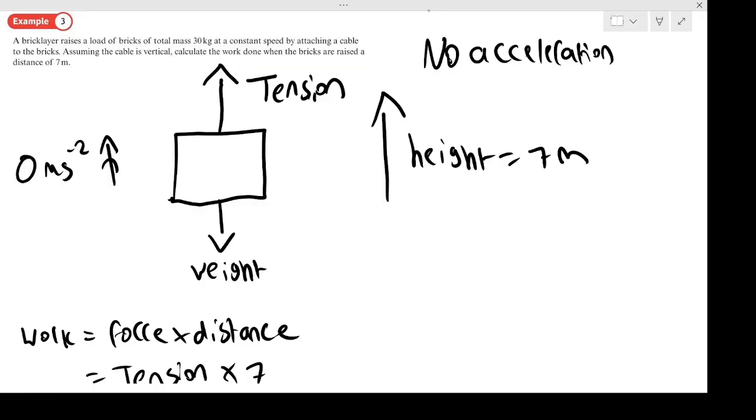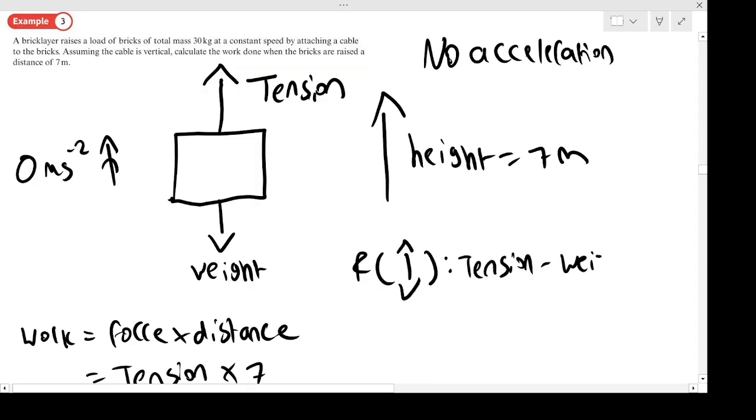Now again, I can look up and down. So if I resolve up and down here, my tension, take away my weight, is going to equal mass, which is 30 kilograms, times 0 for acceleration. So actually it just equals 0. So that means the tension force equals the weight force.